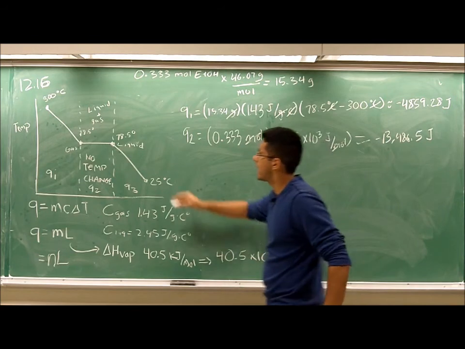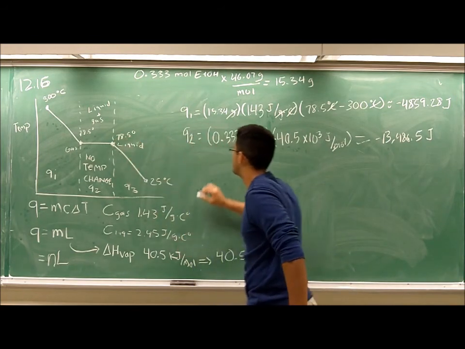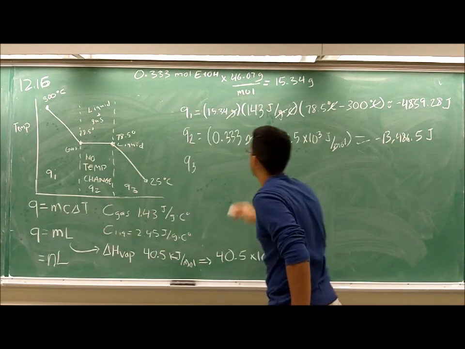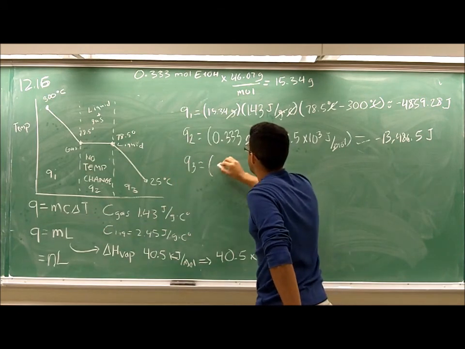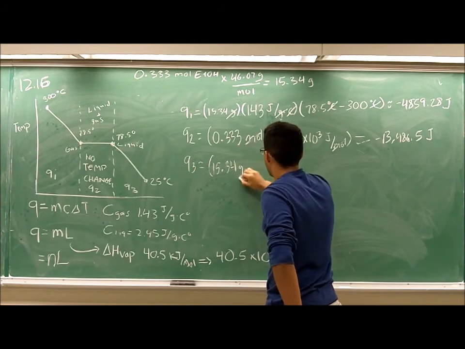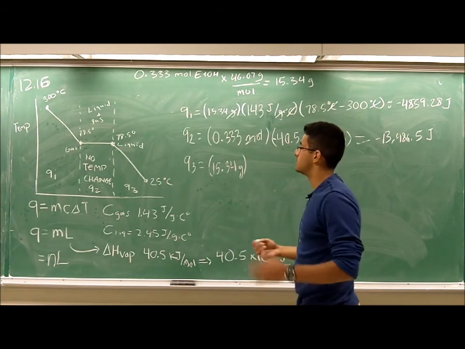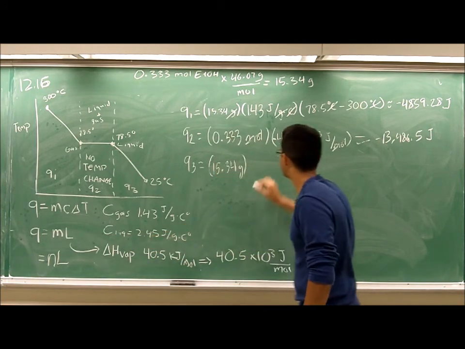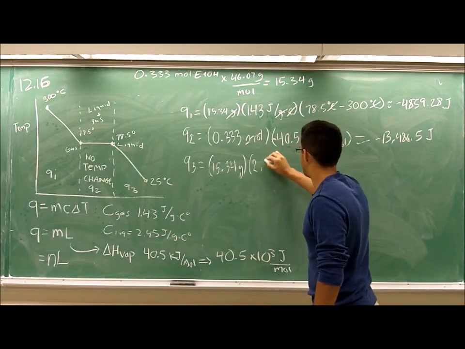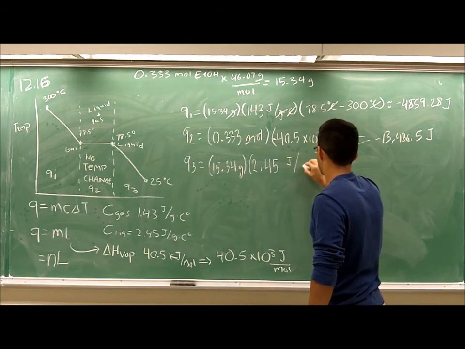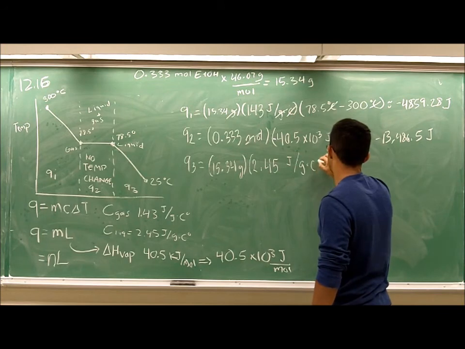Now that we're at the start of stage 3, we can use this equation again. We still have the same amount of ethanol, 15.34 grams, but this time, since we're in a liquid phase, we use the heat capacity for the liquid, which is 2.45 joules per gram Celsius.